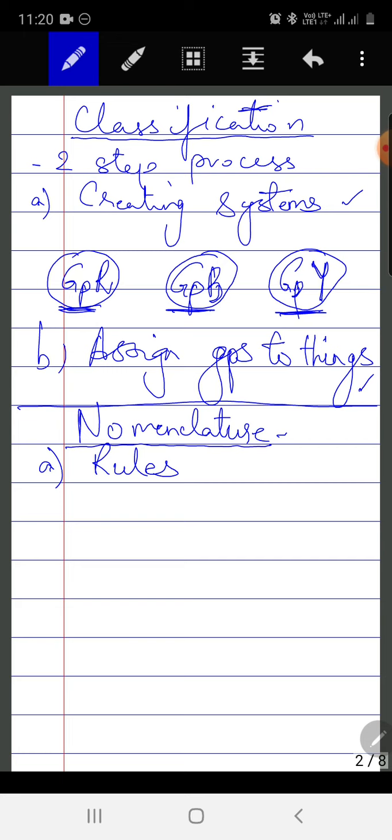Then you do the naming, or assigning names. So basically, what we have seen is, identification is a 2-step process, classification is a 2-step process, and nomenclature is a 2-step process. Got it?